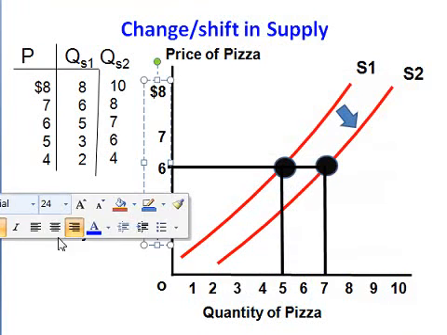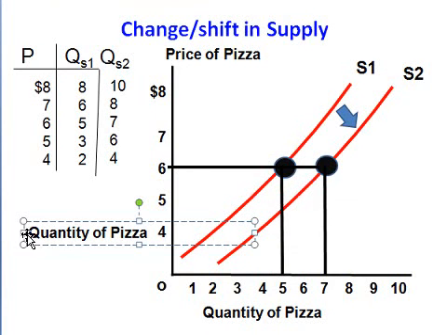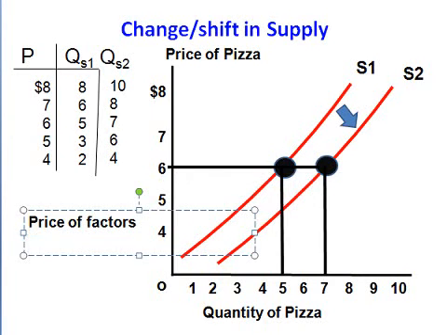So number one factor, I can say, is the price of factors of production to produce pizza.